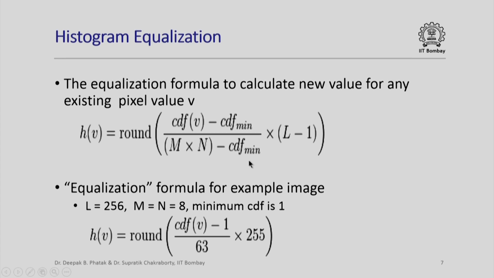It is useful but not essential to understand how these formulae have come. We only note that once we calculate the histogram, once we calculate the cumulative distribution function, then we simply have to apply this formula to get a new value for any image pixel value that exists in the current image. This is the formula that we need to implement in our program.